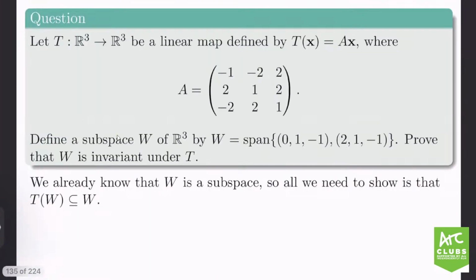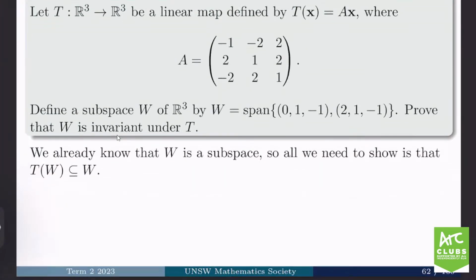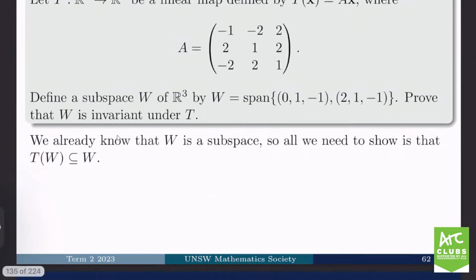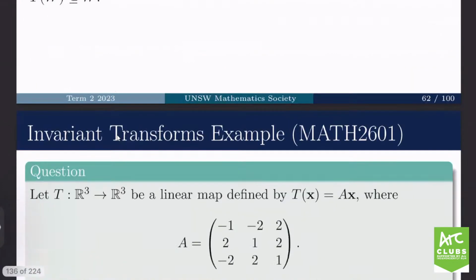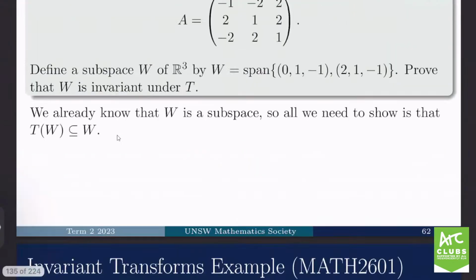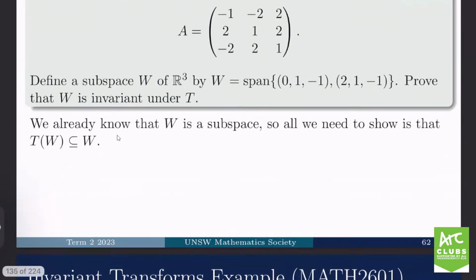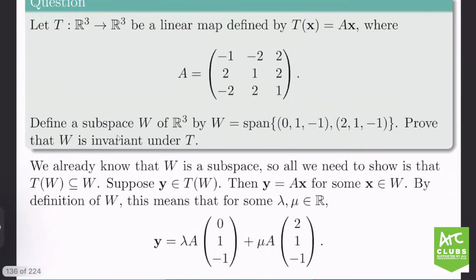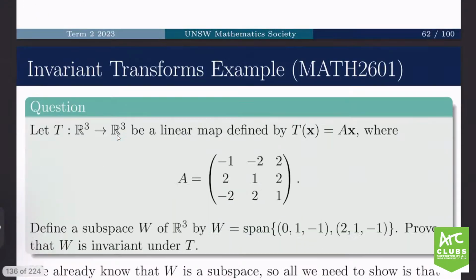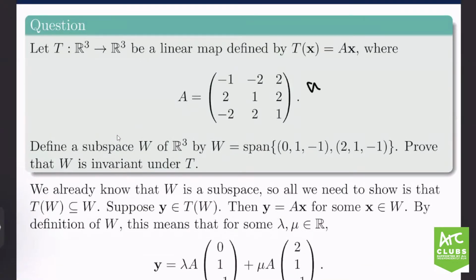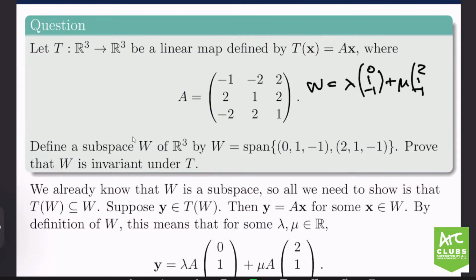We already know that W is a subspace, so all we really need to do is show that T of W is a subset of W, okay? Because T of W is also a subspace. Essentially we need to show that any vector that's in T of W must be in W, okay? So keep in mind that any vector in W, because it's the span of those two vectors, will be some lambda times (0, 1, -1) plus some mu times (2, 1, -1).